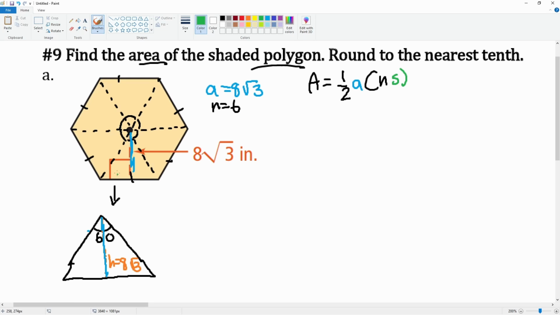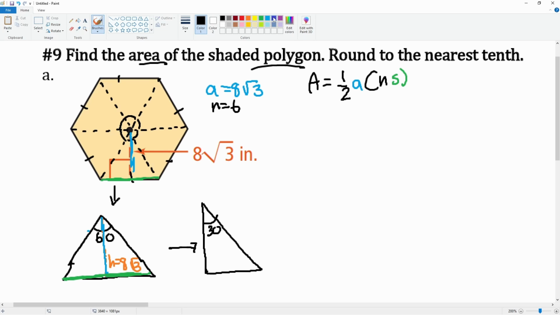All we need to do now is find this side, which is this part in green. The reason why I do that is because technically we can do our trig ratio, but we can only do our trig ratio in a right triangle. So here's our right triangle part. This angle now becomes 30.